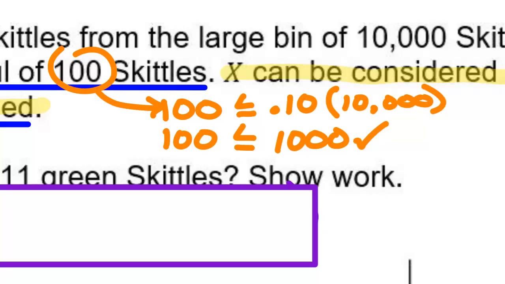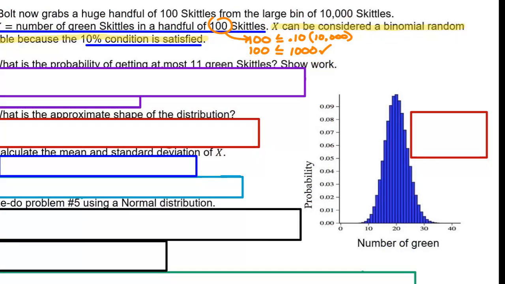In some of the scenarios that we look at, you're going to be able to actually do this because we will know the population size. In this case, I know I have exactly 10,000 Skittles. But if I was going to do a study about the proportion of red cars, where my population is all cars in the United States, do we know how many cars there are in the US?